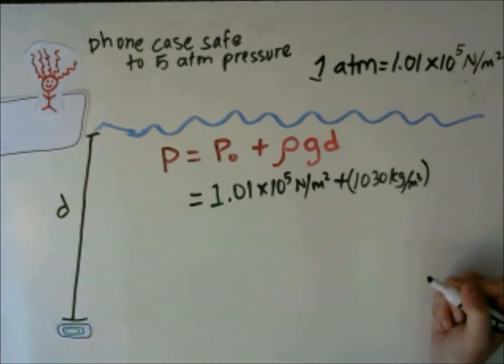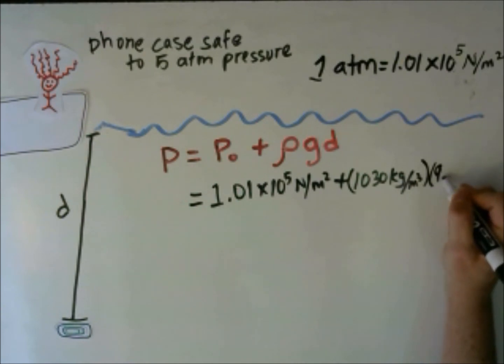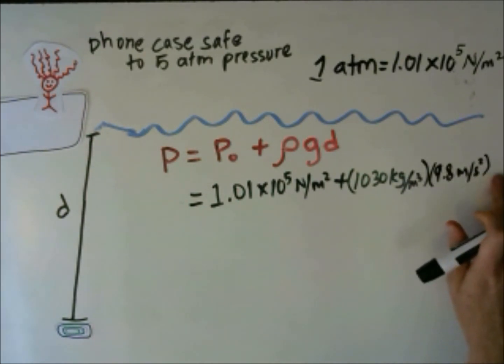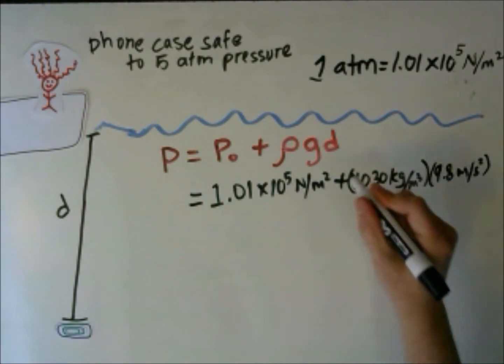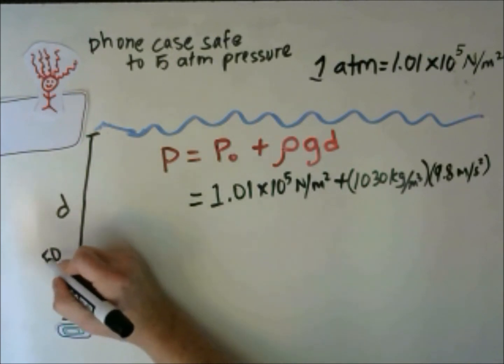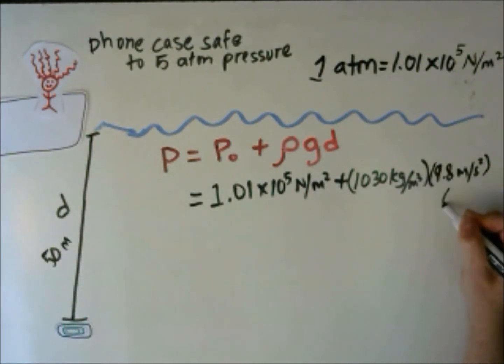This is multiplied by gravity, which is 9.8 meters per second squared. I can't fit it here, so I'm just going to squeeze it in. We're also multiplying by the depth, and we said that her phone fell to a depth of 50 meters. So this is times 50 meters.